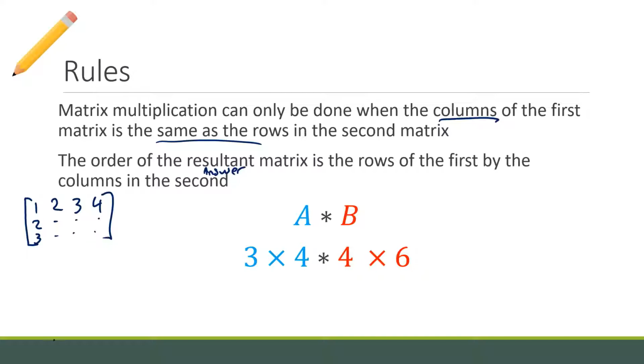And matrix B is a 4 by 6. So it's got 1, 2, 3, 4 rows, and then it's got 1, 2, 3, 4, 5, 6 columns. So it's a much larger matrix.